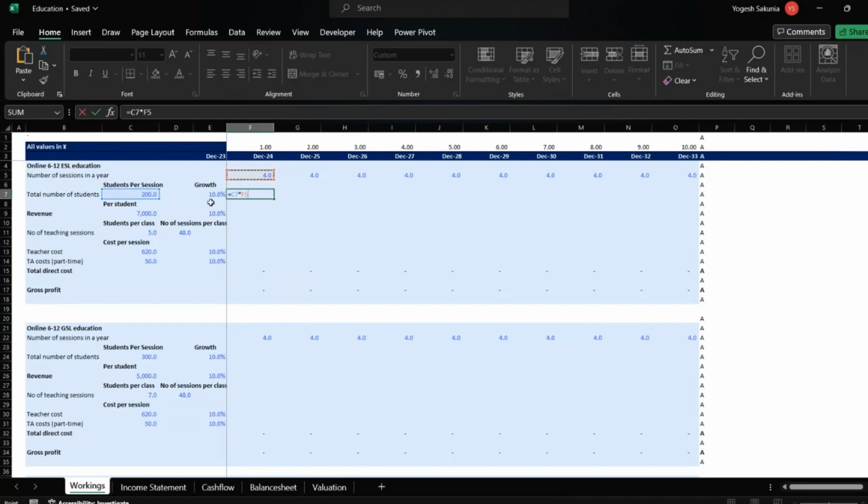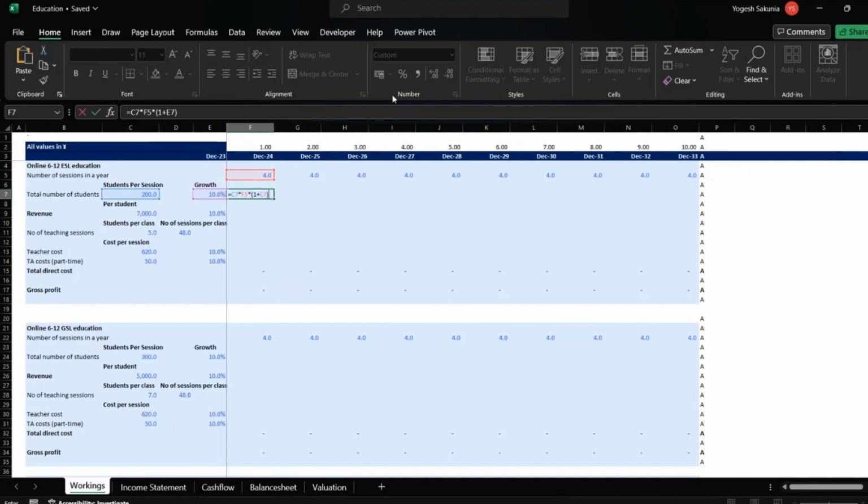Now to be able to do that, we need to take into consideration the growth rate, right? So let me put a number for growth rate. It is 1 plus this 10%. But obviously the growth rate is not going to be 10% in the first year. It will be 10%, and then each year it is growing on the base of the previous year, right?